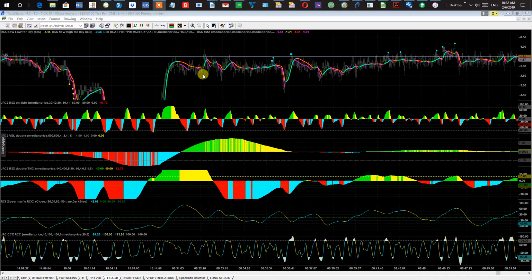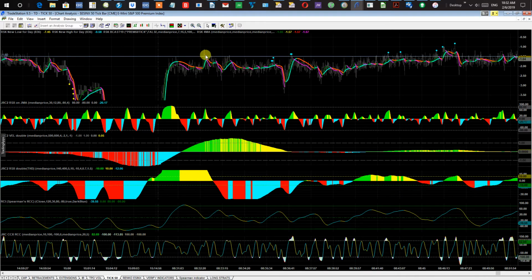And a short trade would be identified by the faster of the moving averages having a negative slope, which it does right in here, and the premium at that time has to be greater than the slower moving average over here.